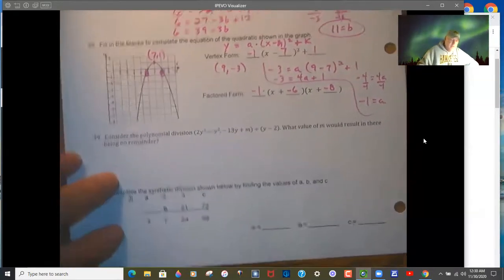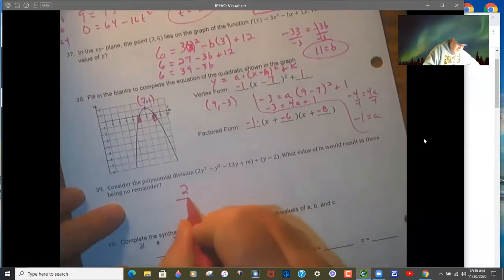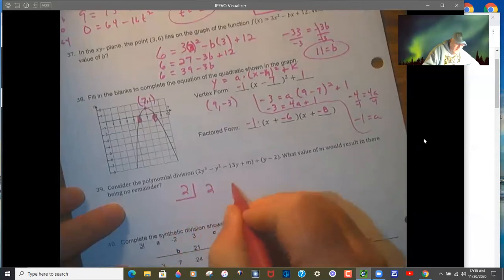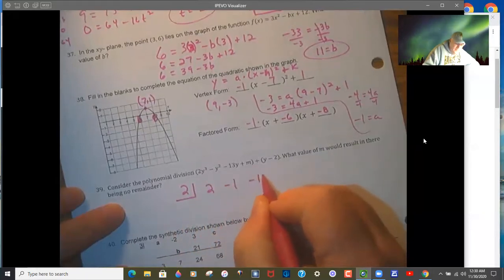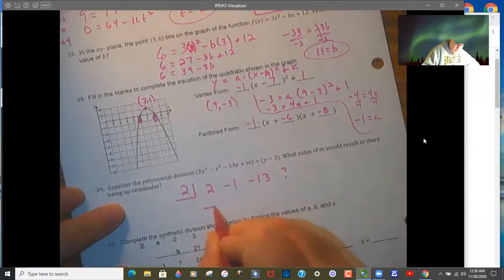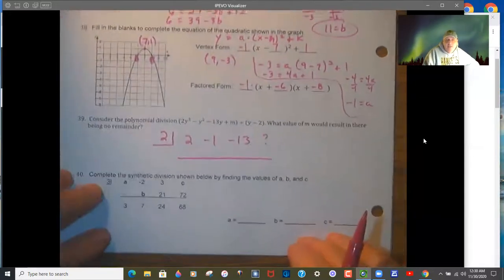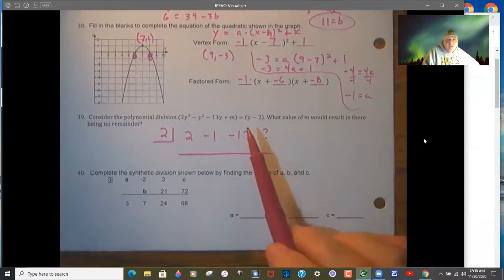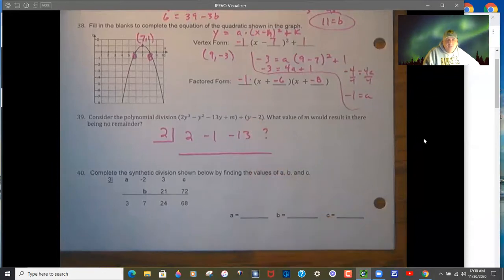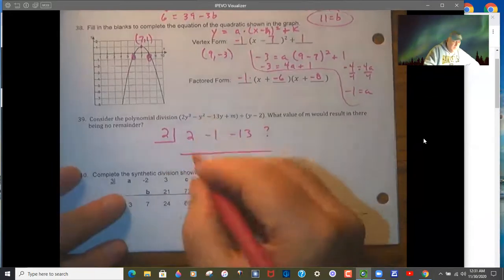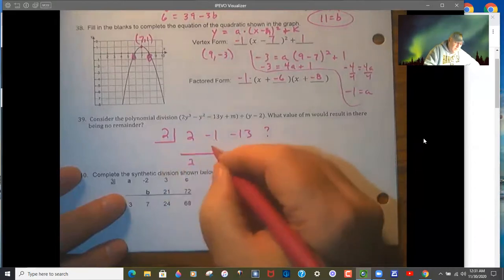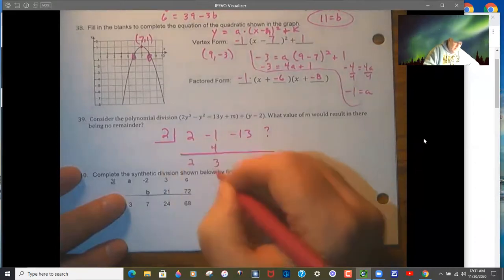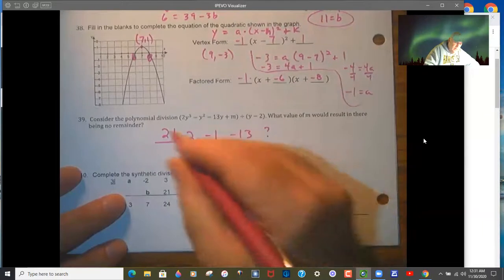All right, problem 39. So we want to use synthetic dividing. We can use synthetic dividing because what we're dividing by is a linear factor and the coefficient is 1 and the exponent is 1. So you just complete the process. Drop the 2 down, multiply, add, multiply, add, multiply.